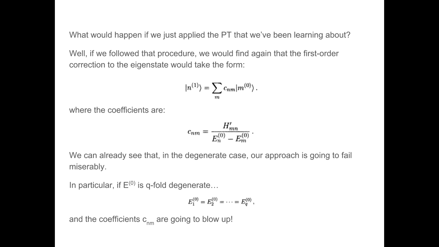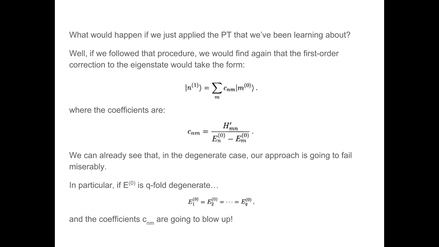So the first thing you might ask is, well, why can't we just keep doing what we were doing? We've spent a week or so learning perturbation theory. What's wrong with it? Why can't we use it? Well, the problem arises, and I think I might have alluded to this earlier, if you follow this procedure. Let's take for instance the first order correction to some eigenstate.